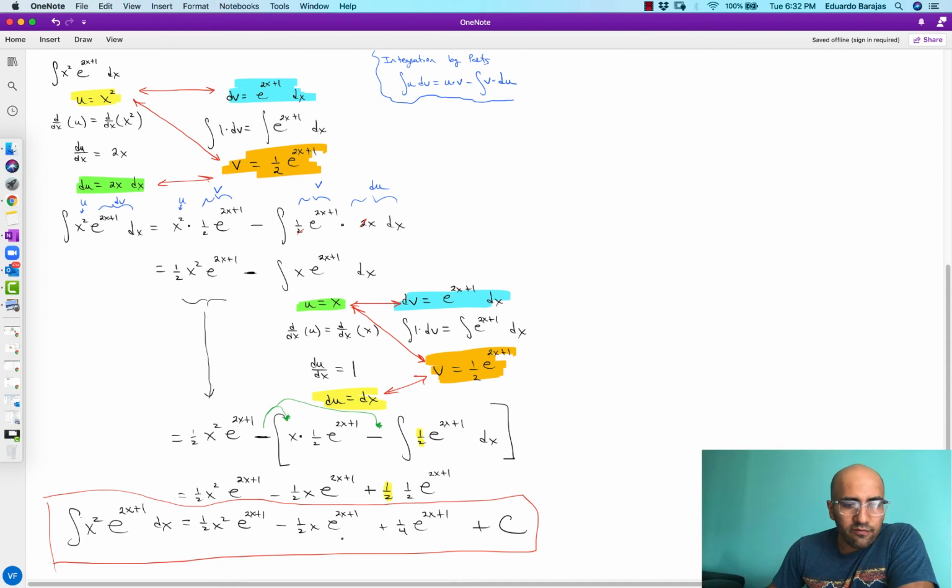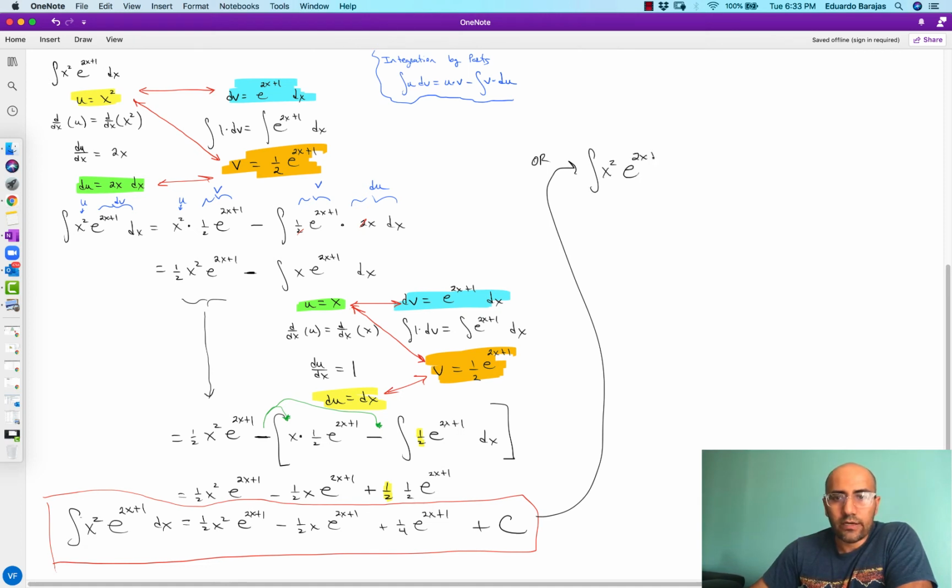Of course, we can also factor out a 1/2 and then e to the 2x plus 1. They all share it in common, so I'll put "or". You could say that the integral of x squared e to the 2x plus 1 dx is equal to, let's factor out the 1/2 e to the 2x plus 1. And what remains is an x squared in the first term.